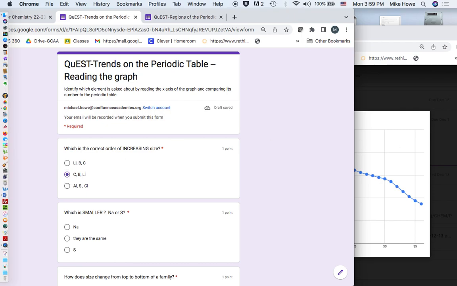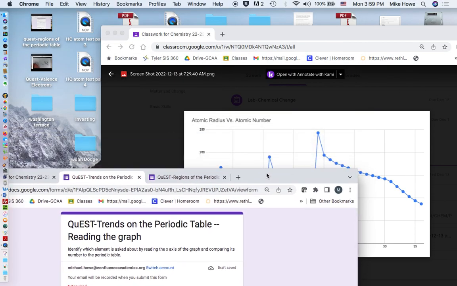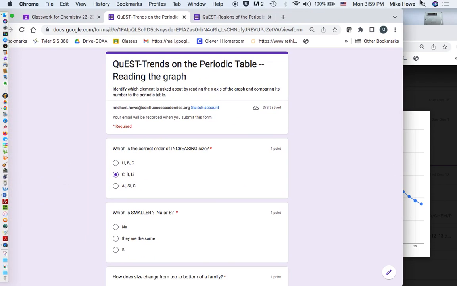Another place to figure that out would be on the little picture that we drew in class when we were trying to make our atomic radius graphs. And so I'll pull that in and show you.